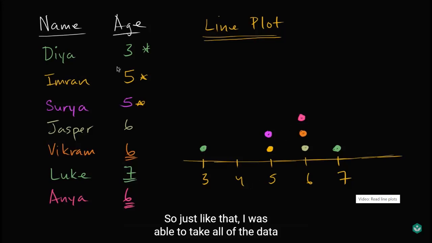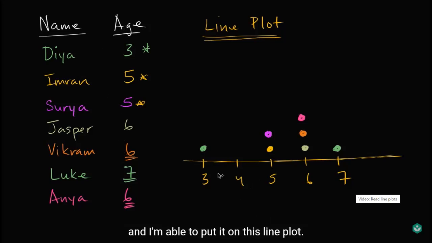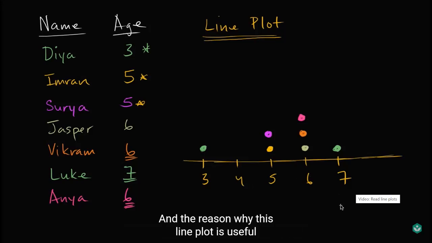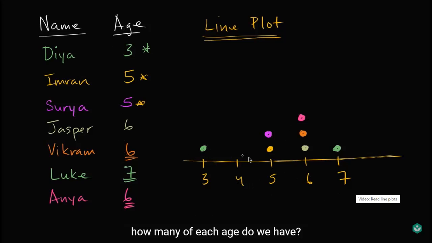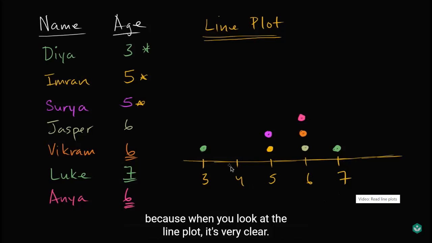So just like that, I was able to take all of the data that I have in this table, and I'm able to put it on this line plot. And the reason why this line plot is useful is it helps us look at, well, how many of each age do we have? It might be a little bit more confusing to just look at the table here. Because when you look at the line plot, it's very clear. Hey, look, there's no one here who is age 4.